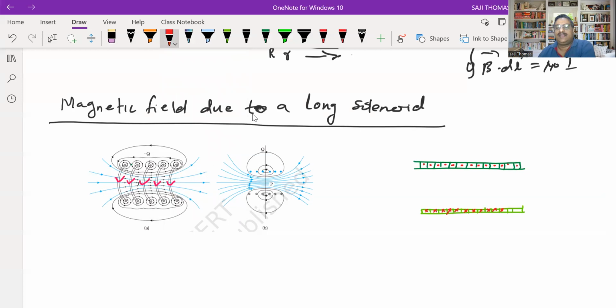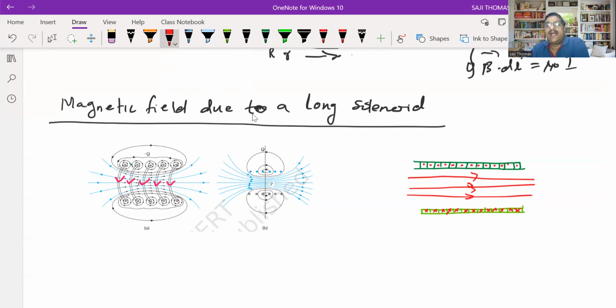Since we are considering a very long solenoid, the magnetic field lines will be constant along the center, like this: uniform magnetic field. This is a portion of the infinitely long solenoid. Magnetic field lines are straight and parallel, uniform.